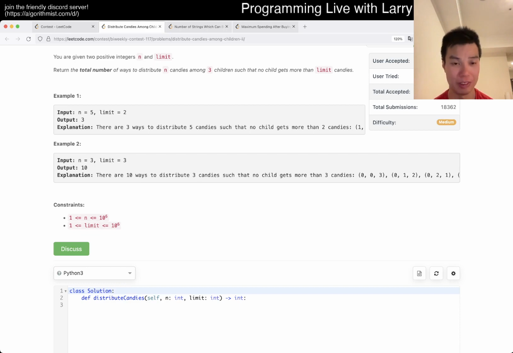Wow, this is Q2 and I'm just messing it up. Let's see.